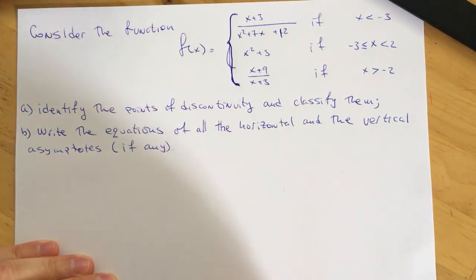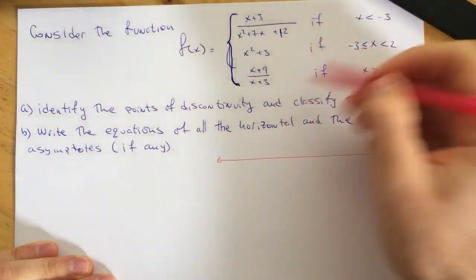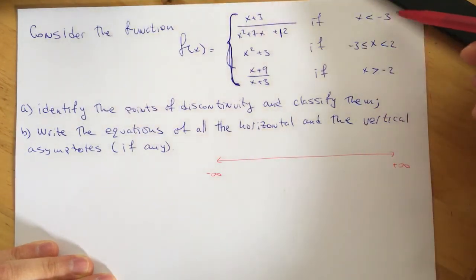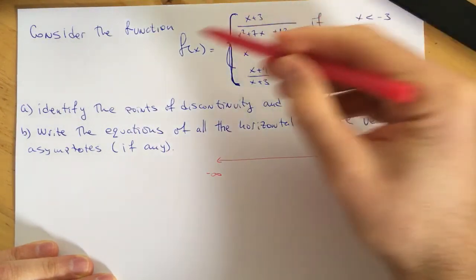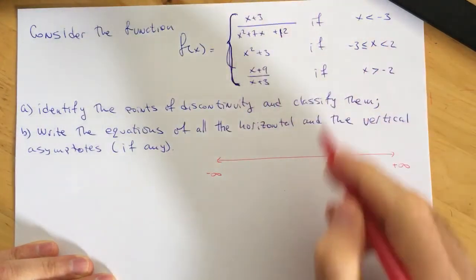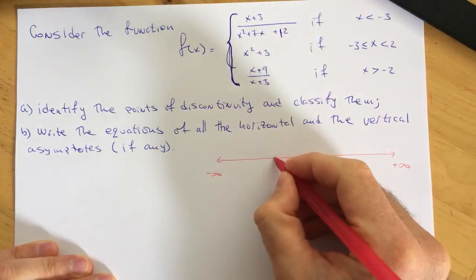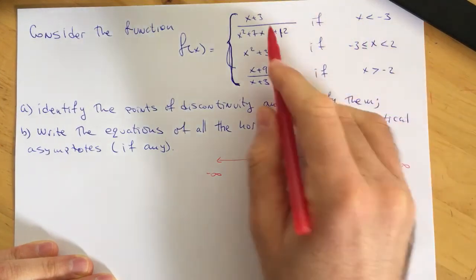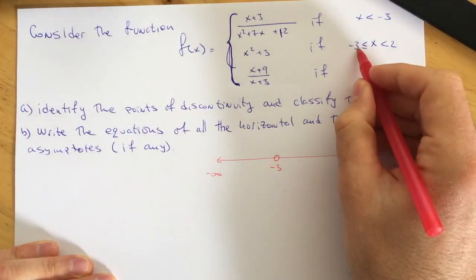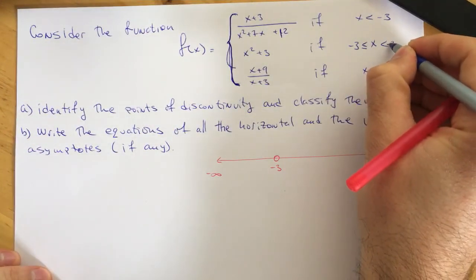Okay, so two questions. What I suggest you do is to observe this function on the real line and split it up the way the function is defined. So from negative infinity to negative 3, this is the first part of the function that we're going to analyze. Then from negative 3 to negative 2, sorry, this is negative 2, my bad.